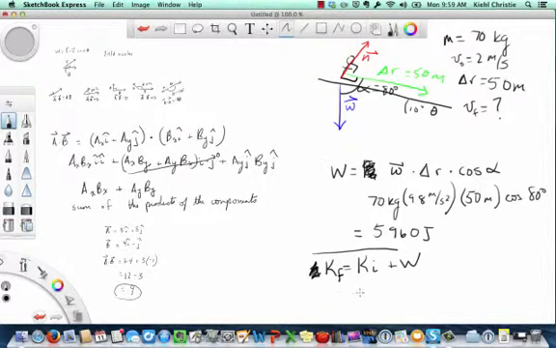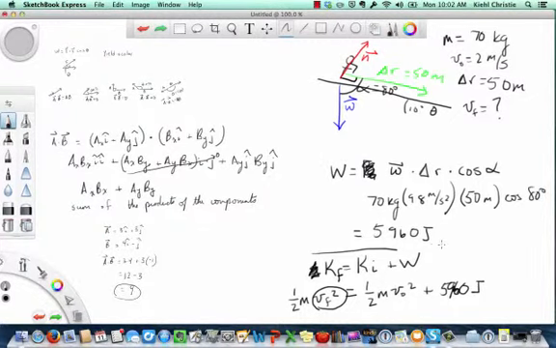So all we need to say is 1/2 m v final squared equals your initial kinetic energy, which is 1/2 m v naught squared, plus your work, which we just figured out was 5960 joules.